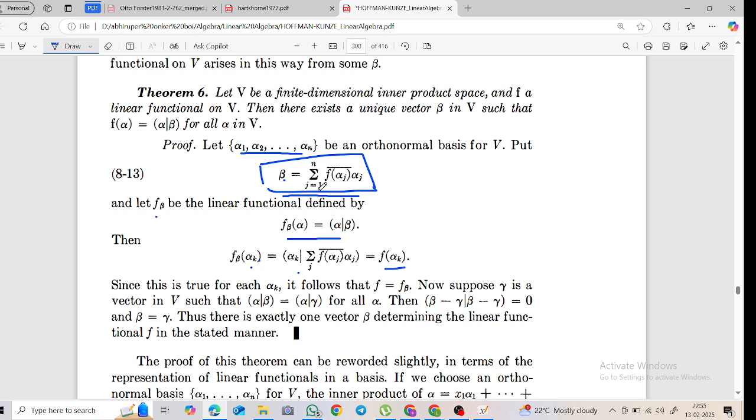Suppose beta is some sum of ci alpha i. So you get alpha inner product ci alpha i, that is, you get ci bar times alpha inner product alpha i.